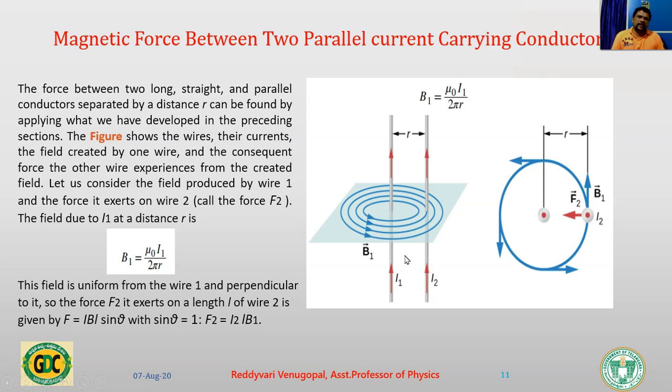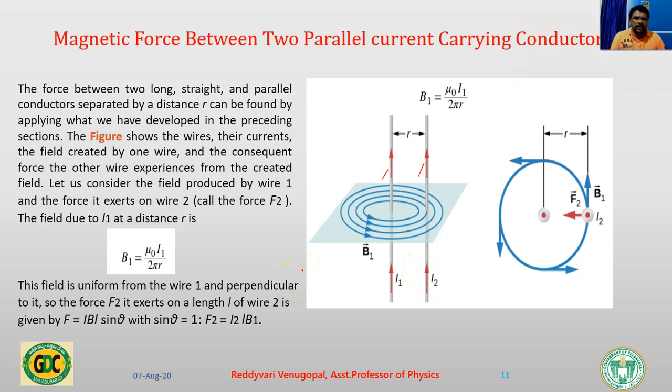Now let us try to find out the magnetic force between two parallel current carrying conductors. If you observe this diagram, these two are straight current carrying conductors in which the currents I1 and I2 are flowing.